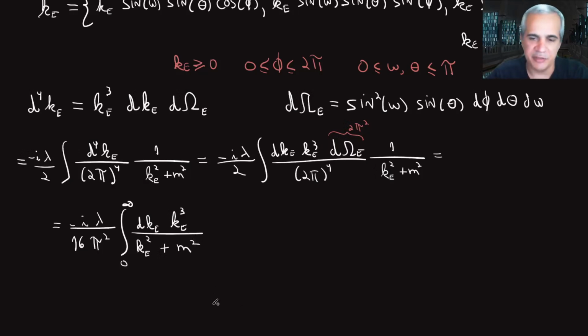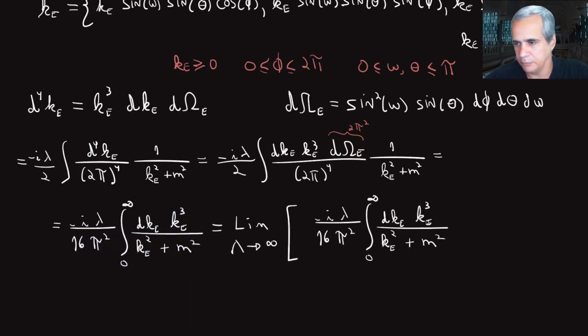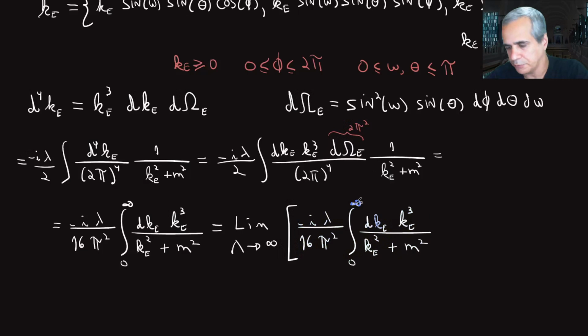And now you can see the divergence, right? I can take this improper integral and rewrite it like the limit of some, this has dimensions of momentum, right, in natural units of energy. So you have some parameter, which I'll call Lambda, going to infinity, of this integral right here, with upper limit Lambda.